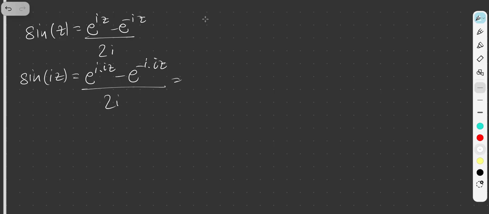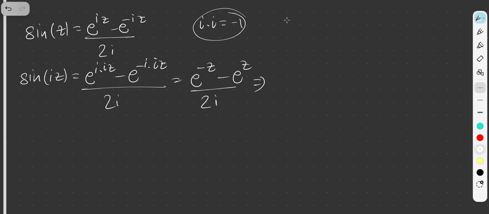And we know that i times i is minus 1. So it's e to the minus z minus e to the z over 2i. So far we have sine of iz equals e to the minus z minus e to the z over 2i.